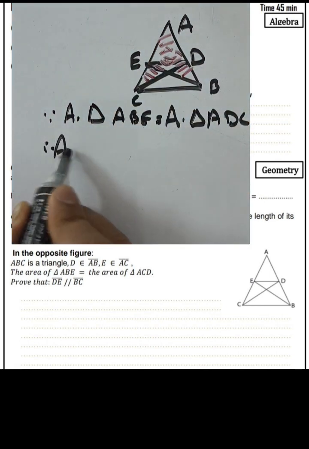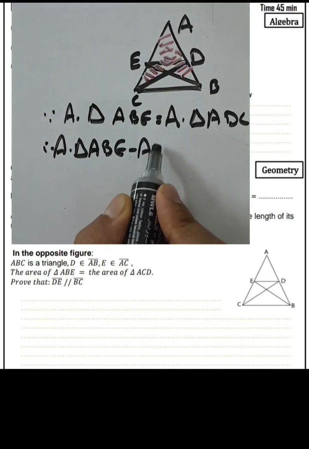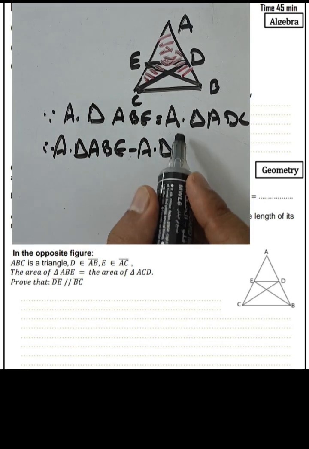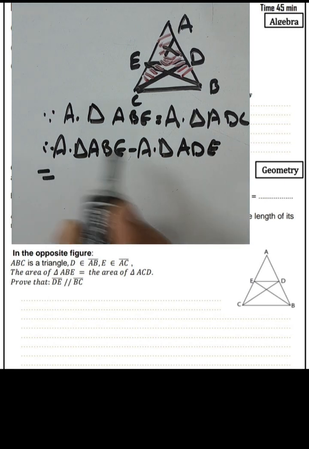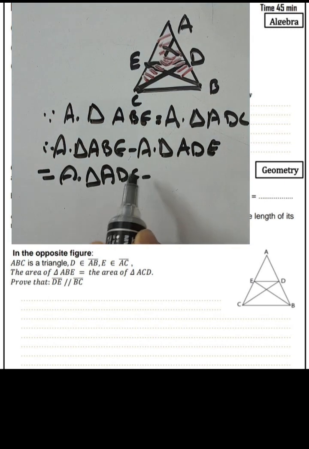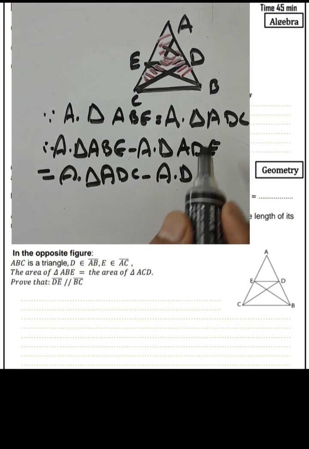Then the area of triangle ABE subtracted by the area of triangle ADE equals the area of triangle ADC subtracted by the area of triangle ADE.